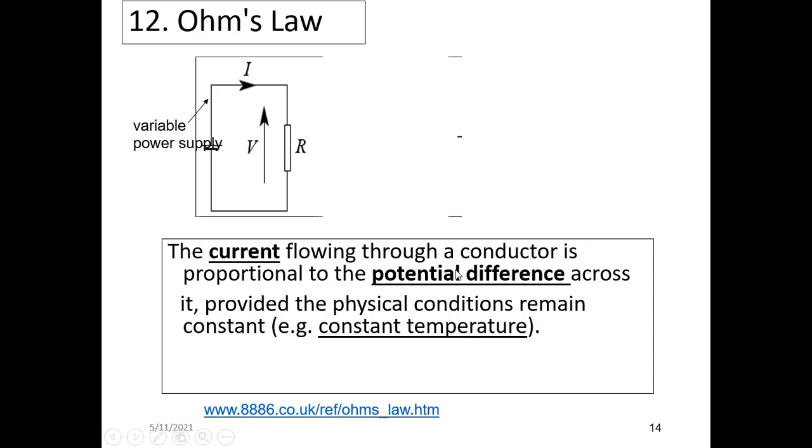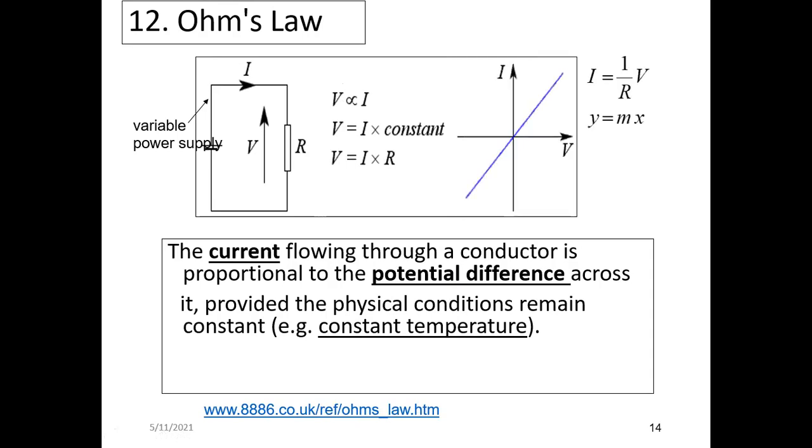I is proportional to V, provided the physical conditions remain constant. Usually the physical condition we think of is temperature. In mathematical form, V is proportional to I, or I is proportional to V, and R is your constant. Or we draw a graph of I against V, a straight line passing through the origin.